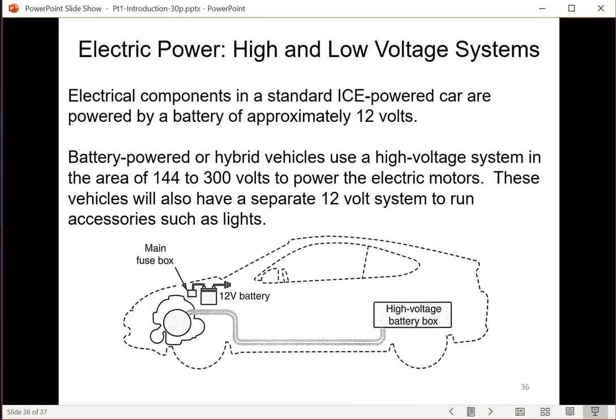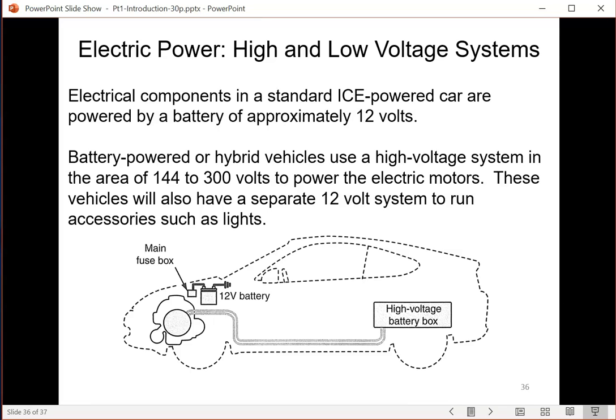One is high voltage, in the hundreds, typically around 140 volts to 300 volts. That's from typical vehicles on the market. The other will be a separate voltage, which is very low, 12 volts.